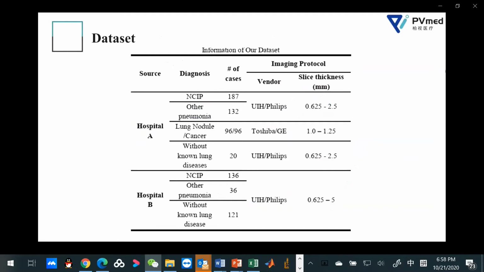So here is information of our data set. In this study, we totally collected 535 patients with NCIP.